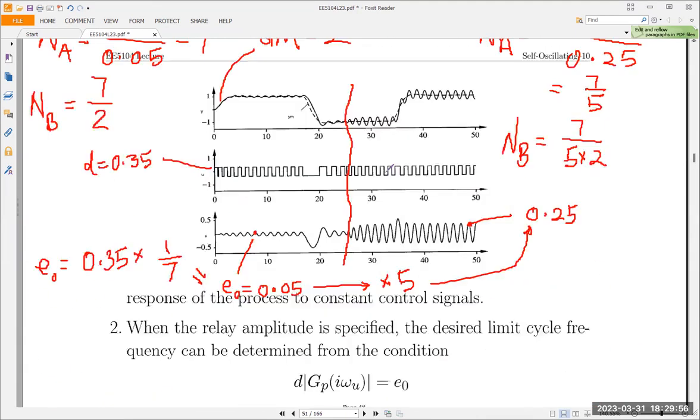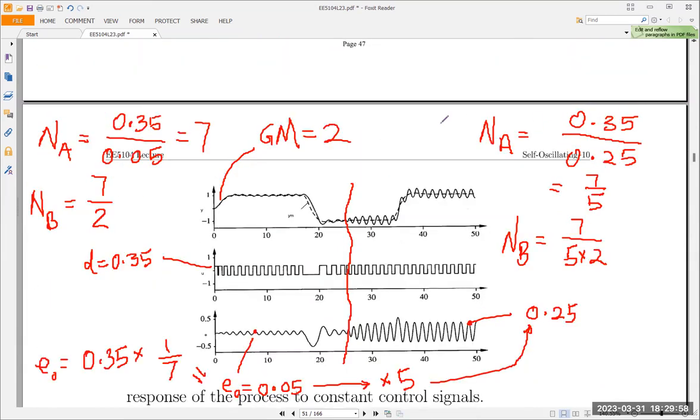So what is the AC gain? You take this 0.35 divided by 0.25, which is 7 over 5. But the DC gain, or the low frequency gain, is always half. So you take this divided by 2. And then if you look at the DC gain, the low frequency gain of the relay, this is 5 times smaller than this.